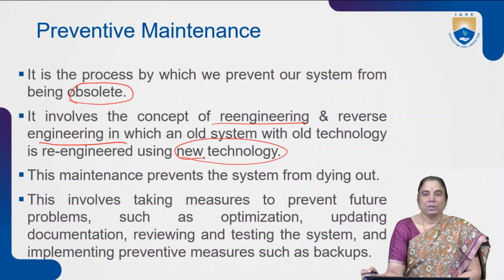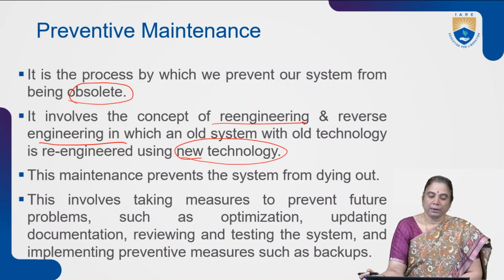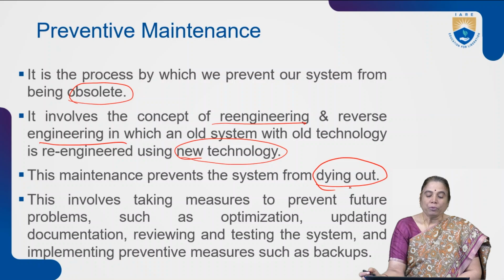So the migration from an existing system to new technology is the major aim of preventive maintenance. This maintenance prevents the system from dying out. So it avoids the major issue of software obsolescence, and it is renovated according to the new technology.